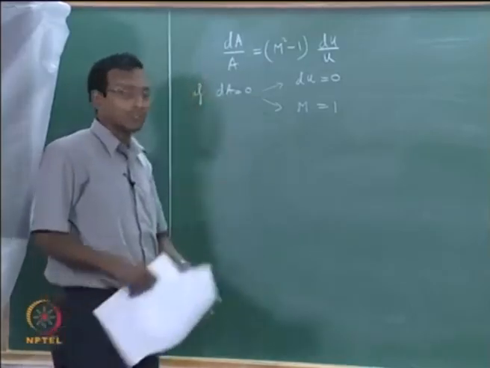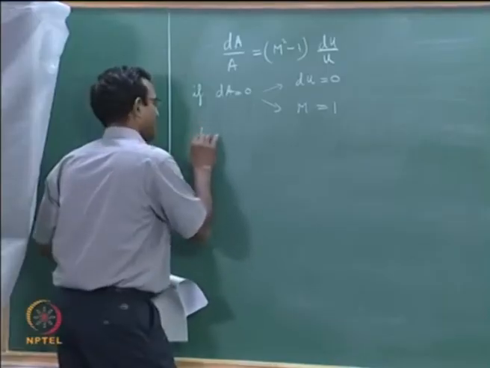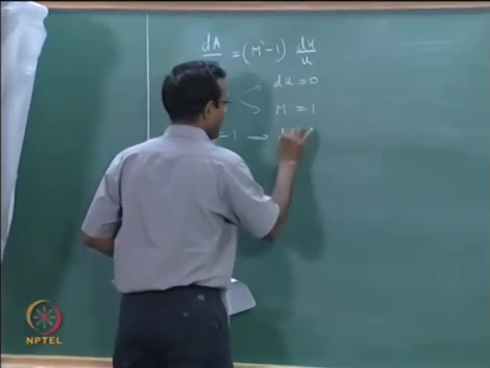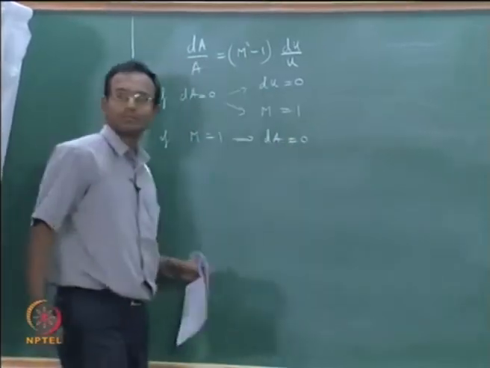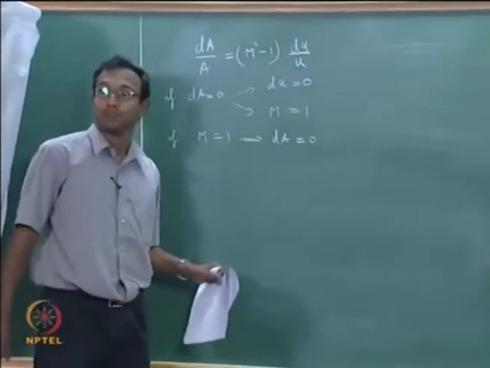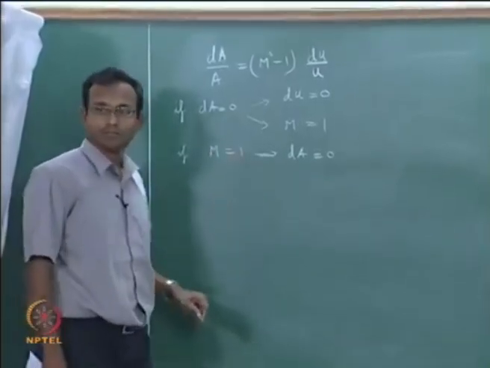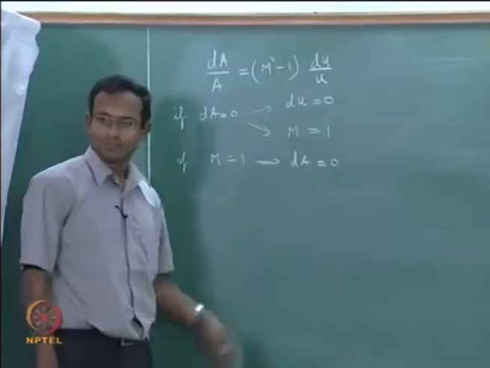But I can tell one thing for sure, if M equal to 1, definitely dA is 0, irrespective of what happens to u. Okay. That I can say for sure. This is just a one way thing.